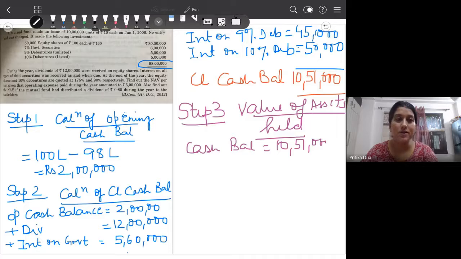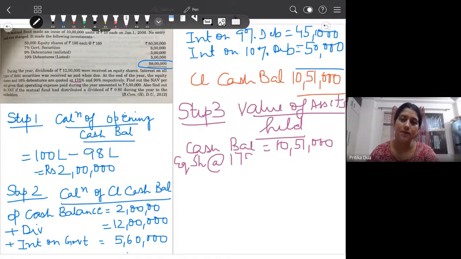Now, equity shares were issued at 160, having a face value of ₹100, and now they are trading at 175%. So when you calculate the market value, it will be over the face value, which means that the 50,000 equity shares are now trading at ₹175 per share.